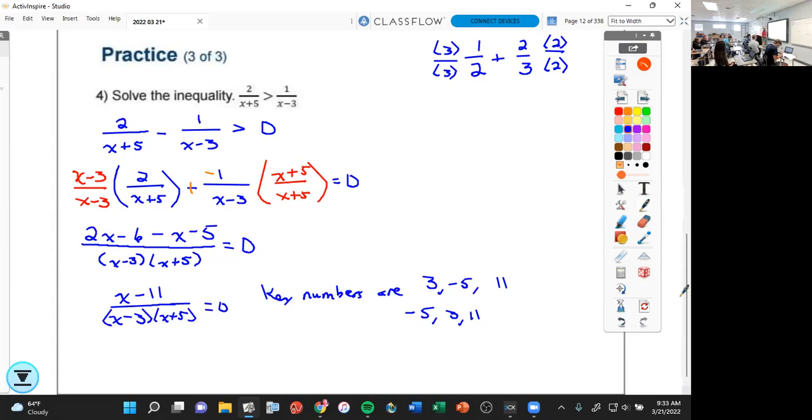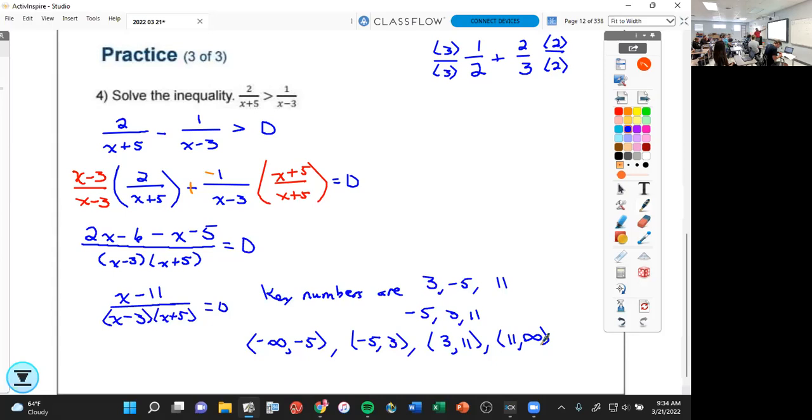So what are my test regions? Negative infinity to -5, -5 to 3, 3 to 11, and 11 to infinity. Which means I need to choose 4 numbers to plug into the original.